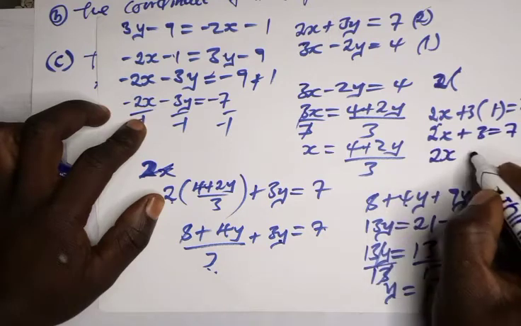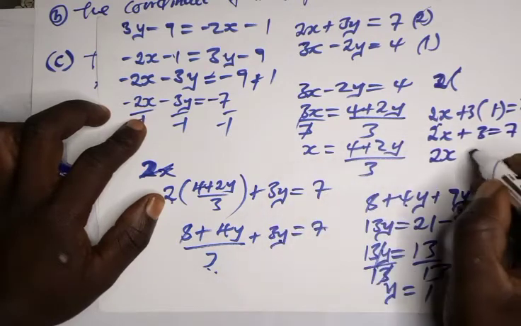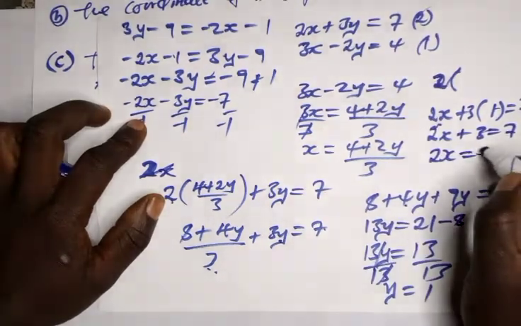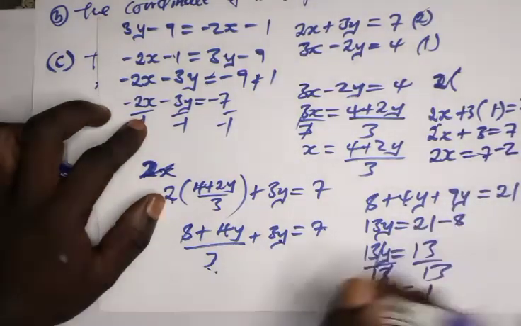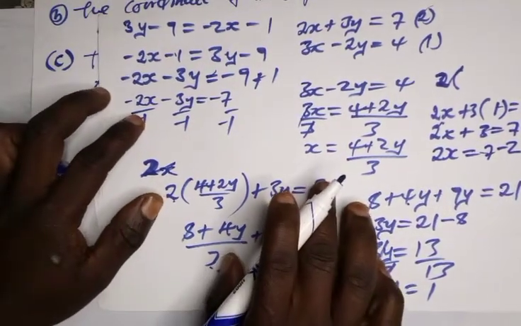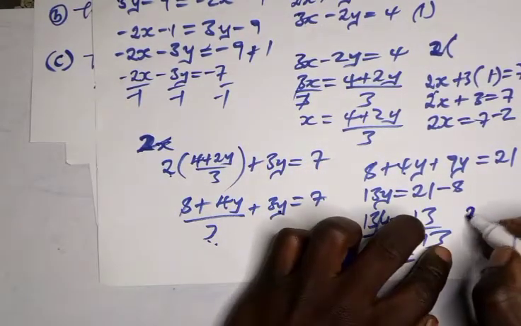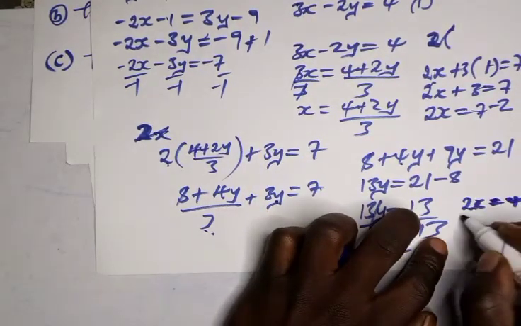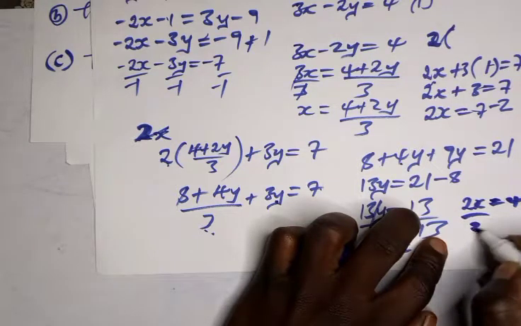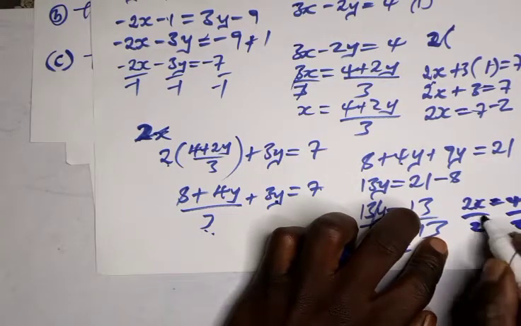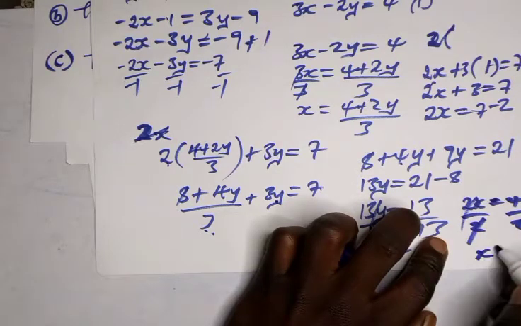Then 2x equals 7 minus 3, which will give us our answer. It will be 2x equals 4. Then divide by 2. So we're going to remain with x equals 2.